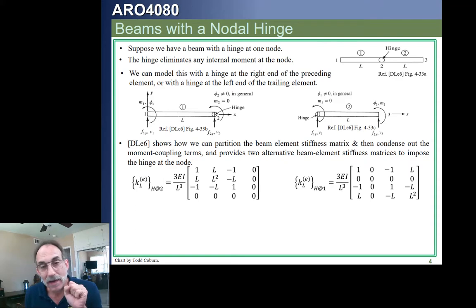We can understand it by simply realizing that we're going to tweak the stiffness matrix of that particular element according to where we're eliminating the moment carrying capability. Let's say we already know what the local stiffness matrix is for a beam element. If we decide to model the hinge at the second node of the beam element, then we will modify our stiffness matrix by removing the rotation out of the system equation.